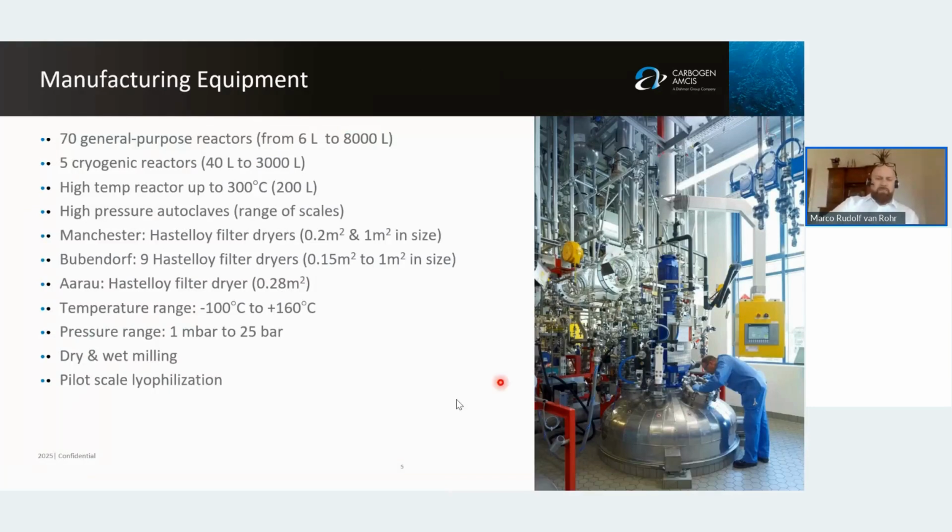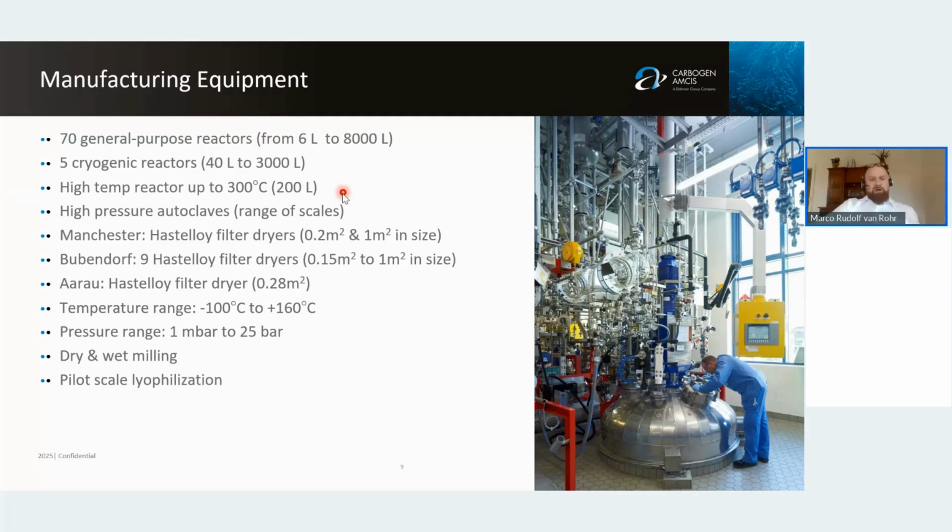I listed here a couple of our equipment just to give you an overview how it looks like at our company. So we have a lot of multi-purpose equipment, for example, 70 general purpose vessels from 6,000 to 8,000 liter scale for GMP manufacturing, cryogenic capabilities, as well as high temperature reactors.